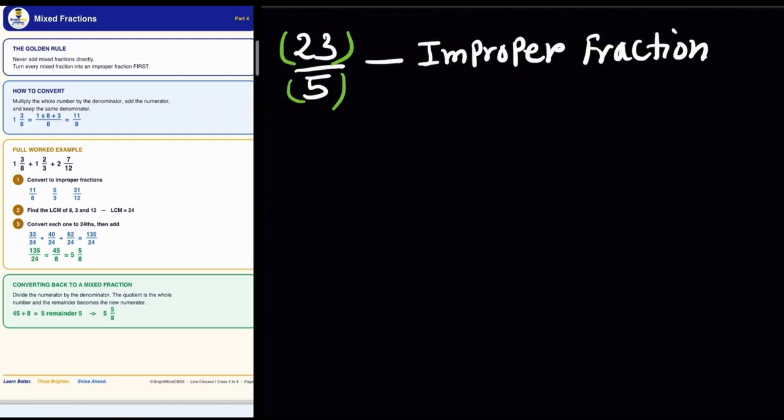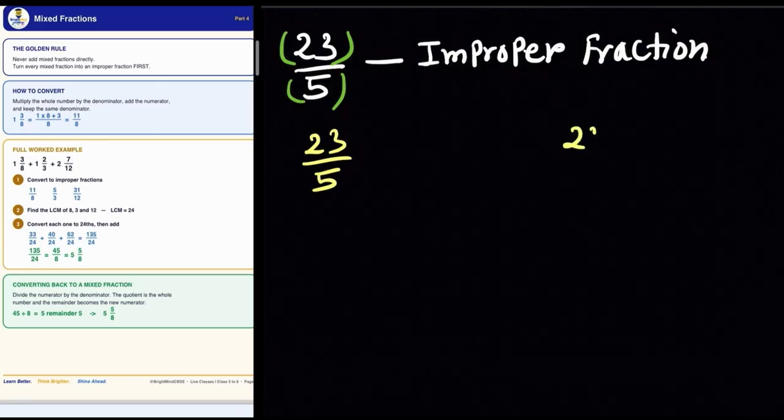Okay, so I will show you here how to convert into a mixed fraction. What I will do here, 23 by 5, I will write here again.